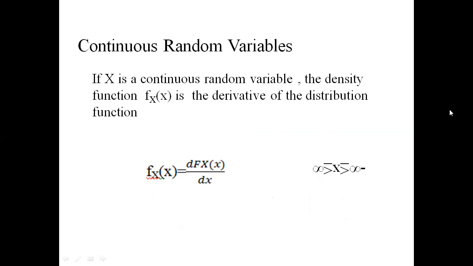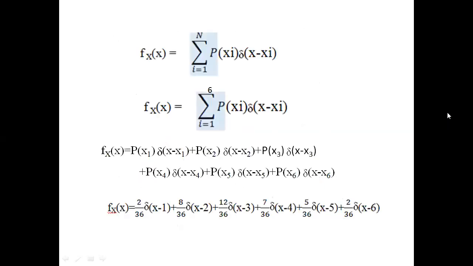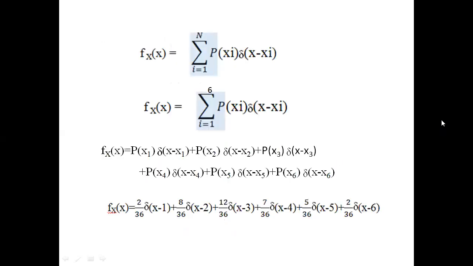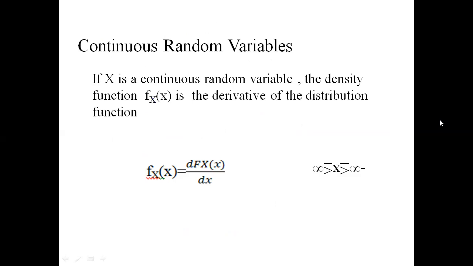Already we know this. The same formula applies here because this is a continuous random variable, where the x value is between minus infinity and infinity.